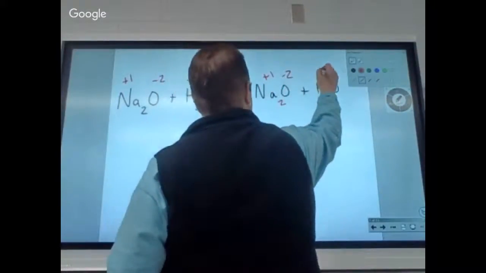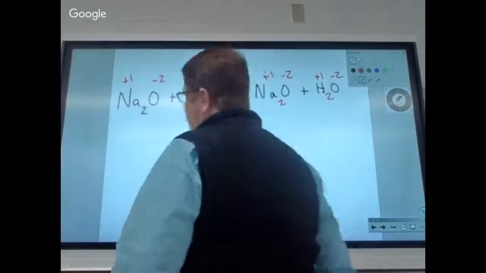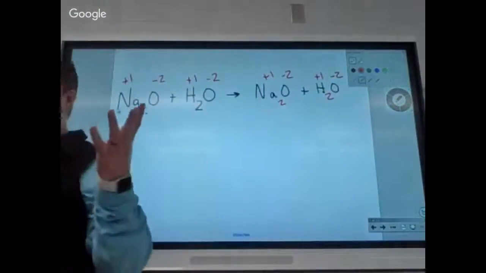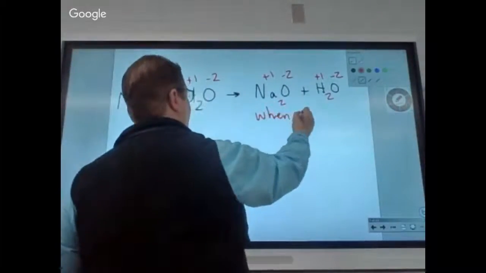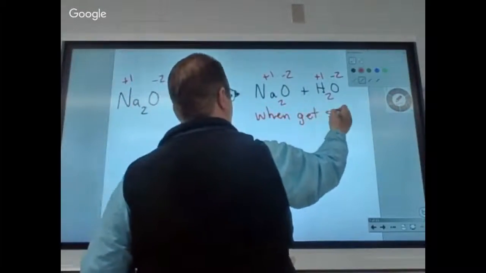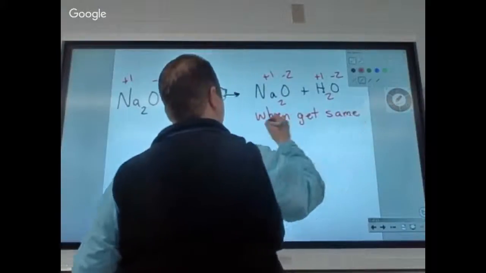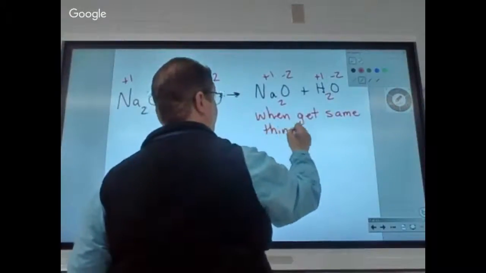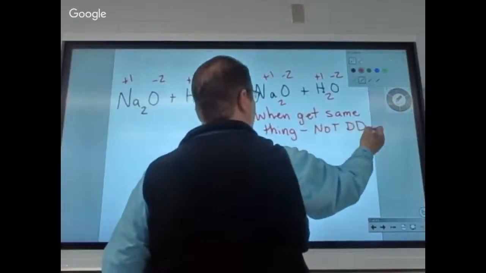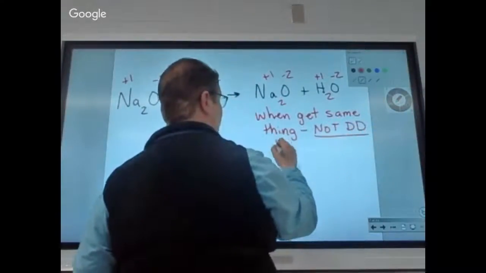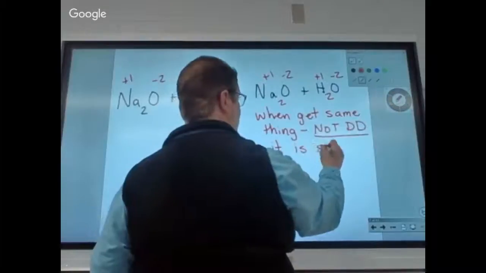Oh, and what do you notice? It's the same thing. Why does it always have H2? Well, when you get the same thing, it's synthesis. That's right. When you get the same thing, it's not double displacement. It is synthesis.